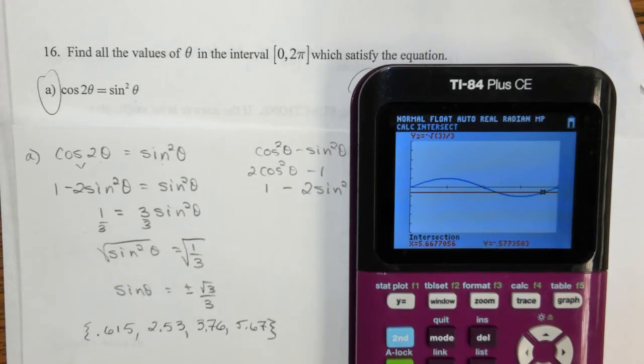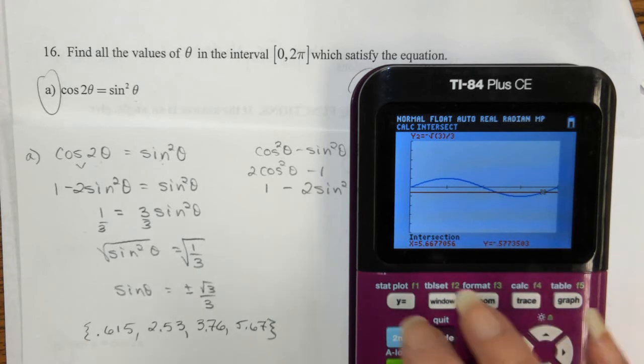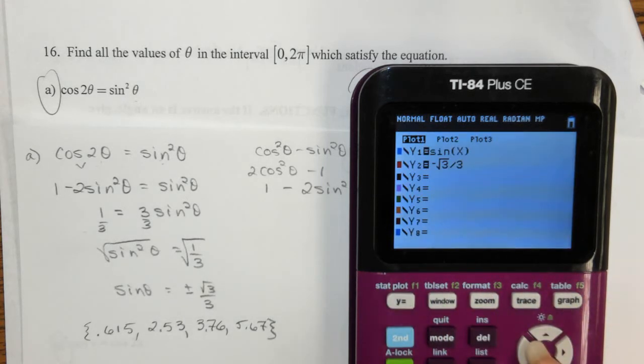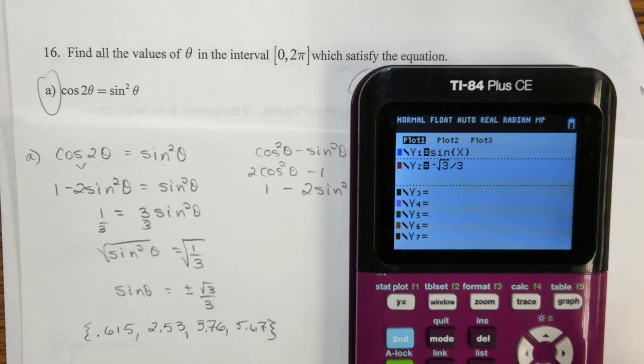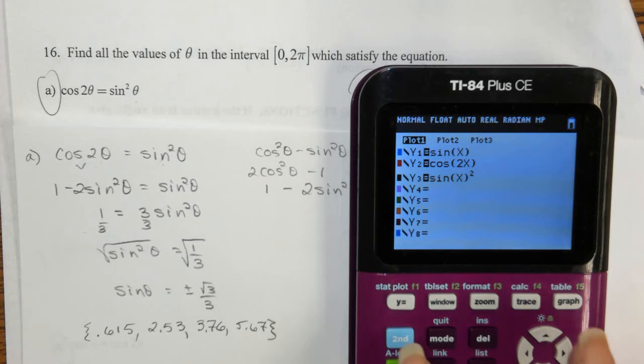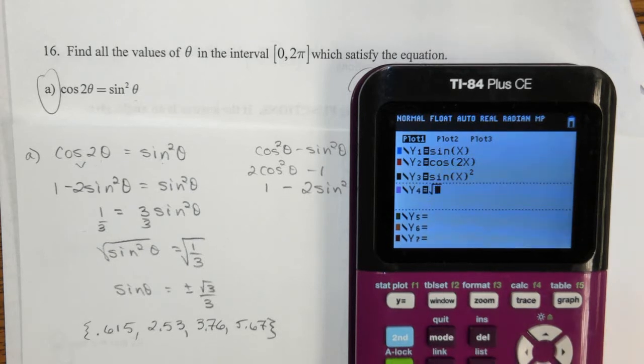And then to check this, what we can do is go back to y equals, clear all that out, and put in our cosine 2x and our sine squared x, and then let's go ahead and just put in our positive root 3 over 3.